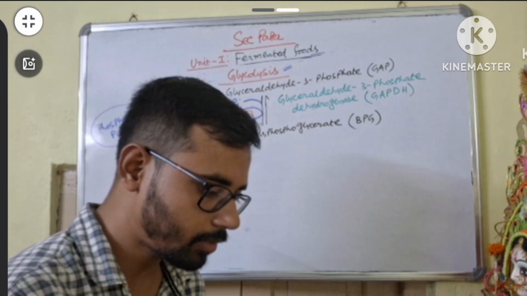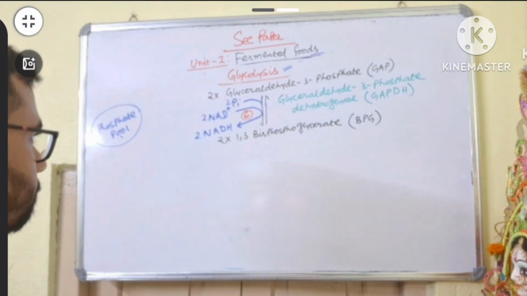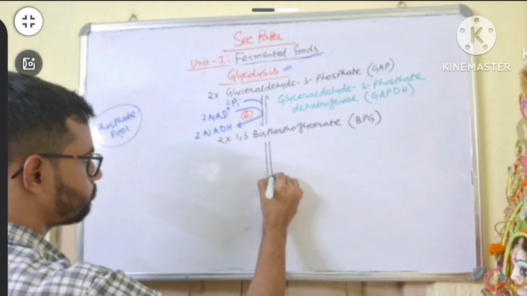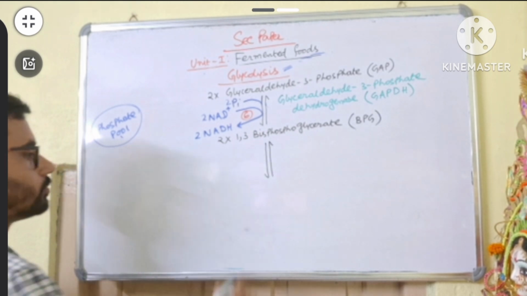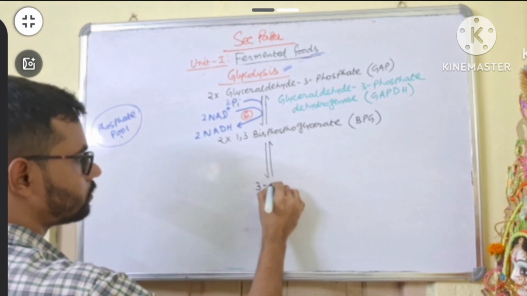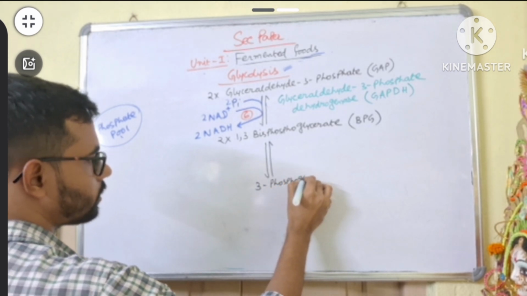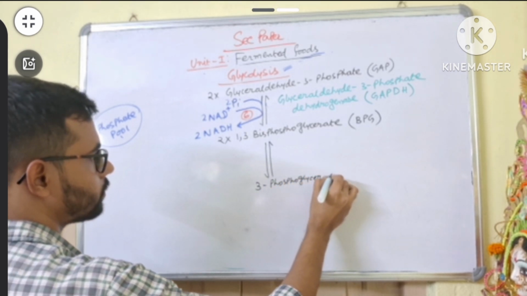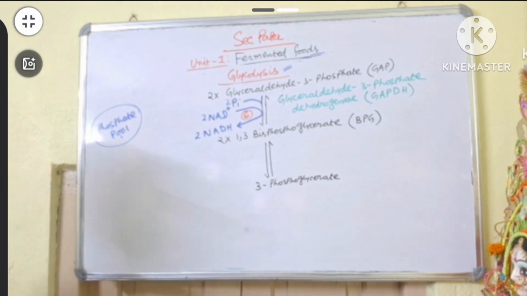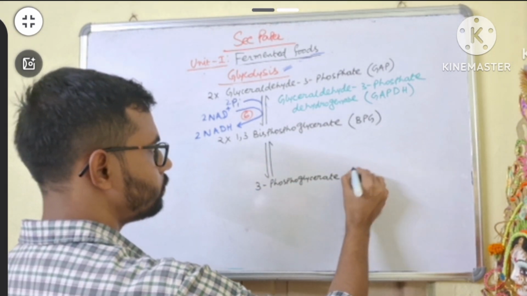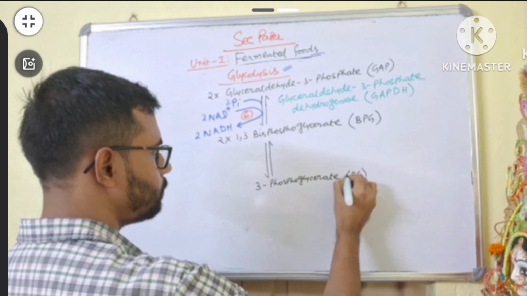The next reaction, after BPG formation, forms 3-phosphoglycerate, short name 3PG.